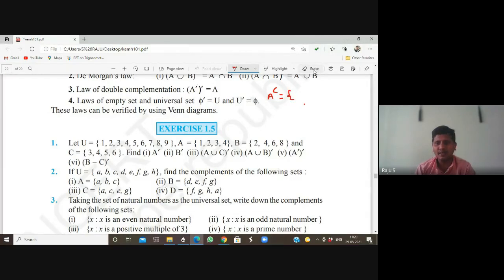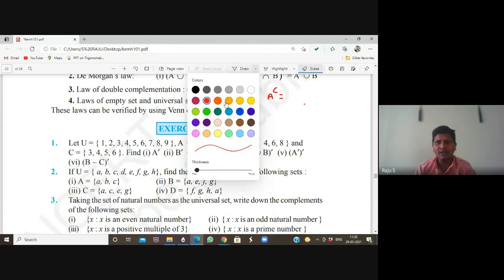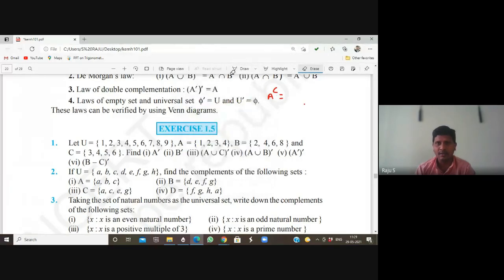A complement is nothing but all the elements of the universal set other than A. Can we write it like this, U minus A? Now what is the answer, students?